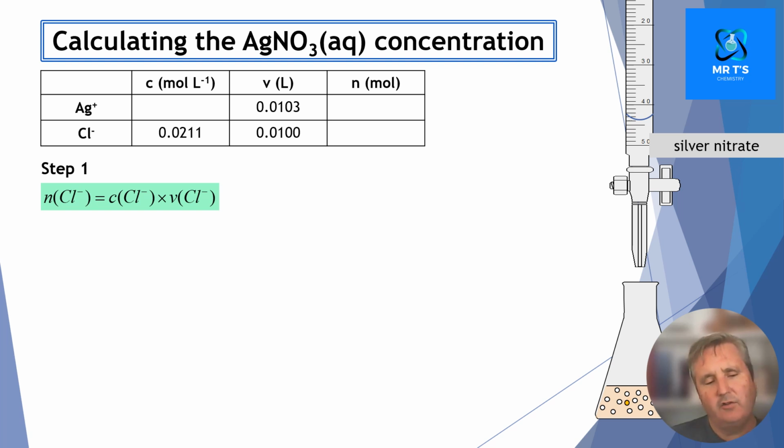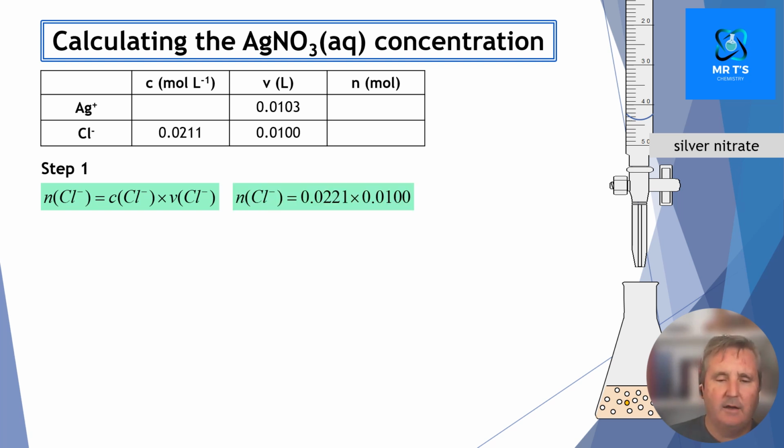I've rearranged the equation of concentration equals moles over volume. So I start with the equation I'm using, and then I substitute my values into the equation. I substitute the concentration into here and the volume into here, and I get this. So equation, substitution, and now I solve. The answer to this is the moles of chloride ions is 2.21 times 10 to the negative 4 moles.